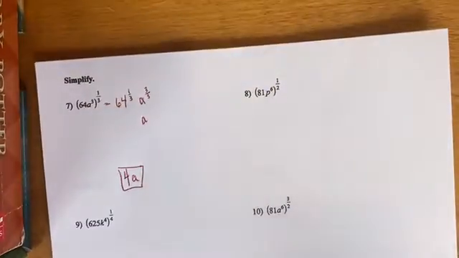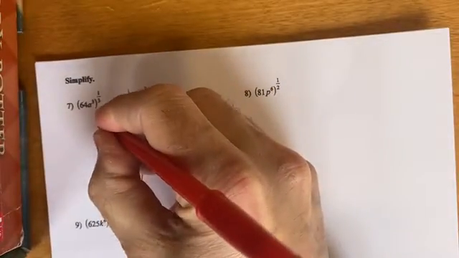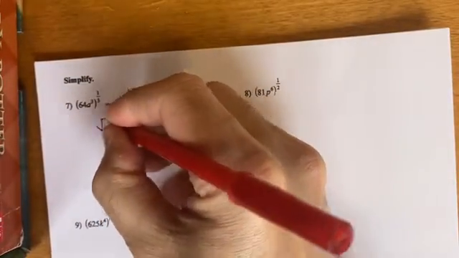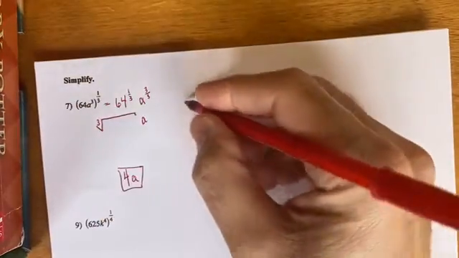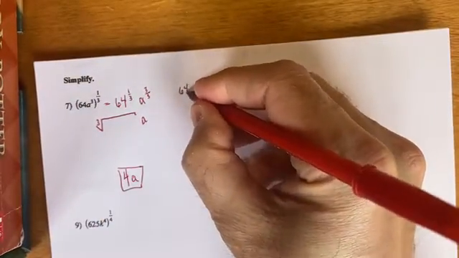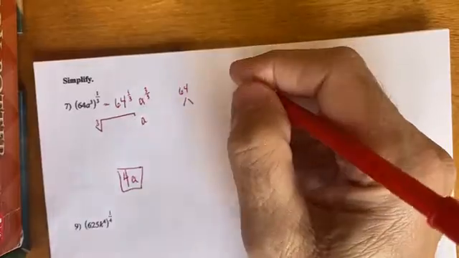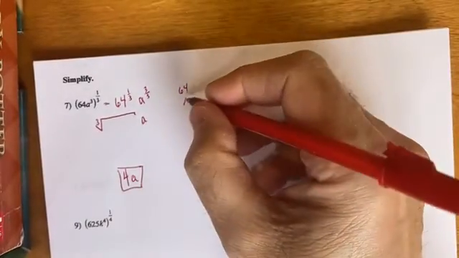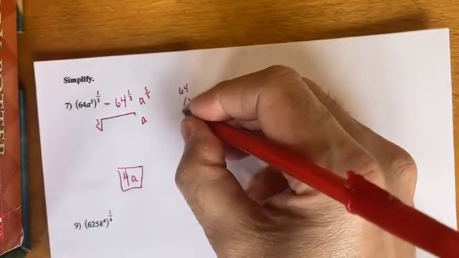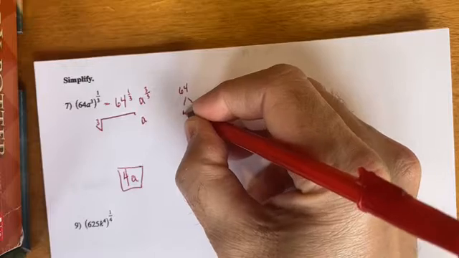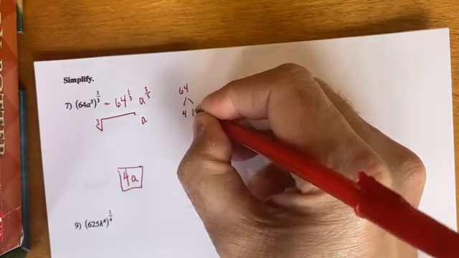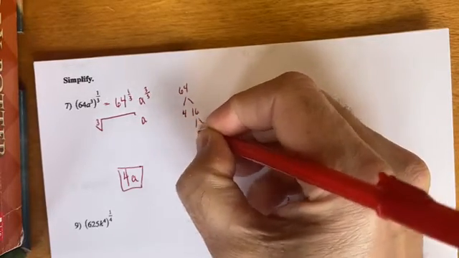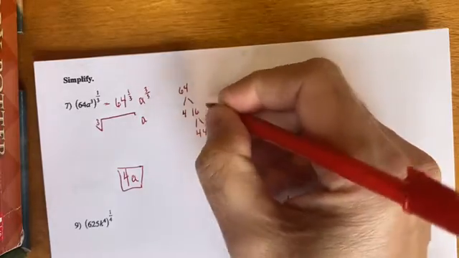However, 64 to the 1/3, you know that that is the 3rd root of 64. And 64, if we find the prime factorization, actually, you can divide it by 2 a lot of times. But anyway, that's 4 times 16. And 16 is 4 times 4.